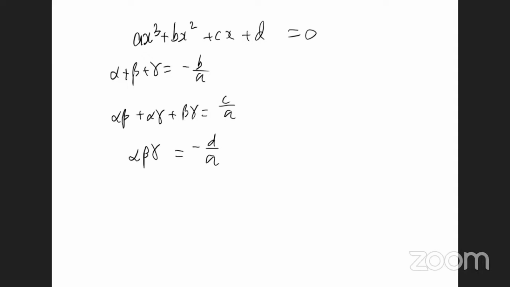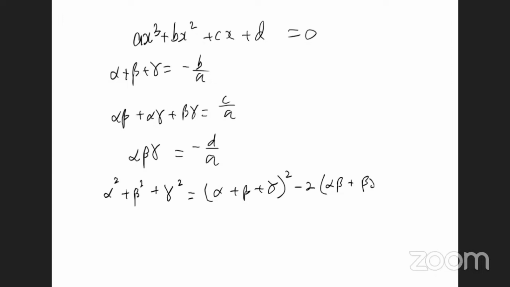Right, sometimes they ask you to find alpha squared plus beta squared plus gamma squared. So that's alpha plus beta plus gamma all squared, minus 2 times (alpha beta plus beta gamma plus gamma alpha).